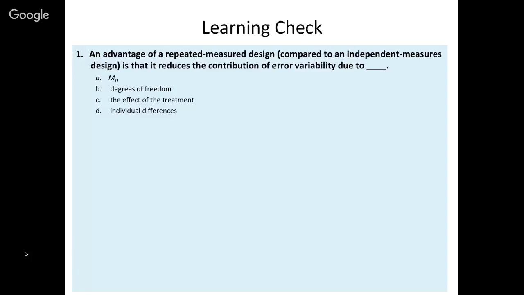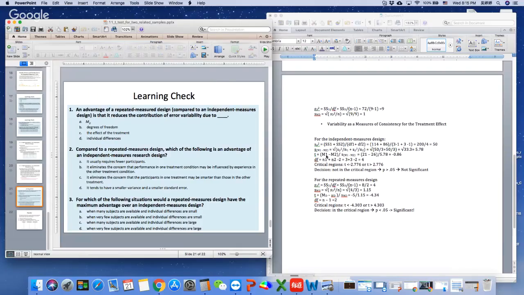It reduces the contribution of the error variability due to the individual difference. Because the MD, they are the same, just the difference between the means, right? So if we have the same data set, based on this example, the MD, the difference scores, are exactly the same, which is -5.